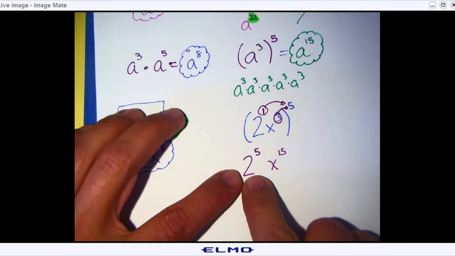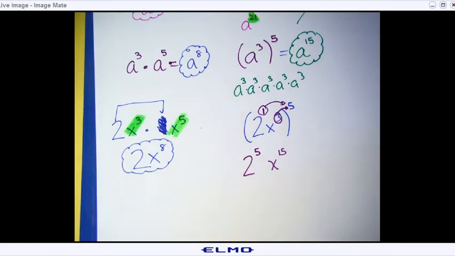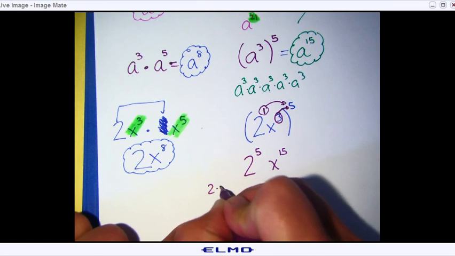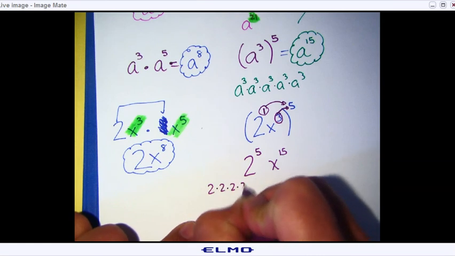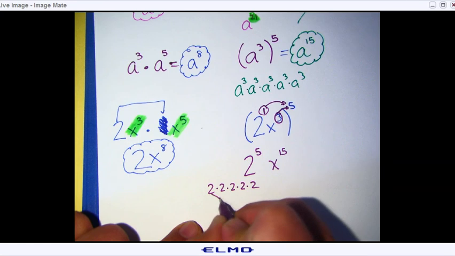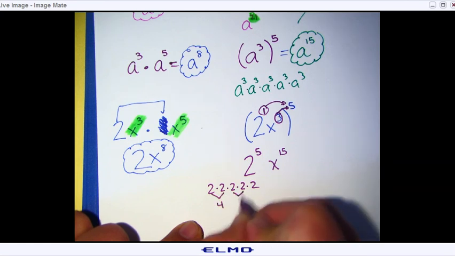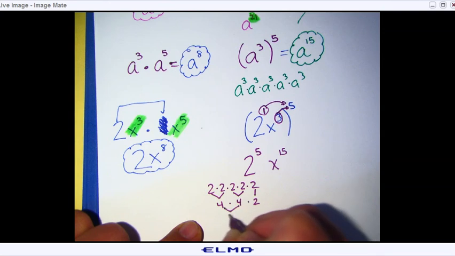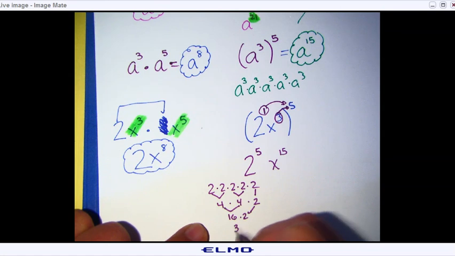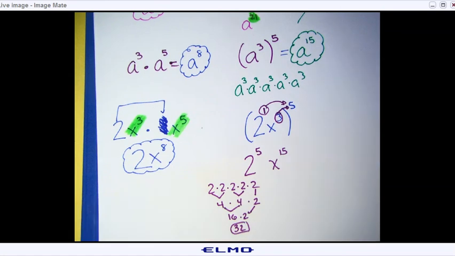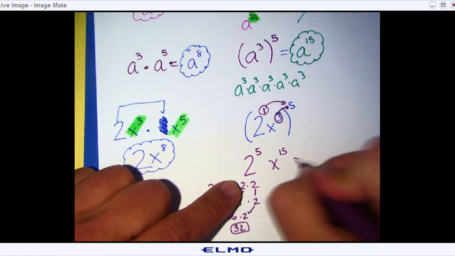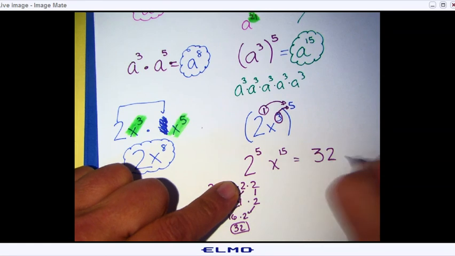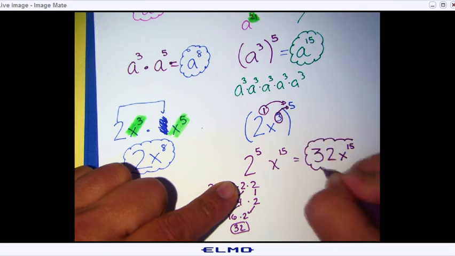Now, what's 2 to the power of 5? Sometimes they'll leave it like that. Well, that's 5 times: 1, 2, 3, 4, 5. So 2 times 2 is 4. 2 times 2 is 4. And then bring down the 2. 4 times 4 is 16. Bring down the 2. 16 times 2 is 32. So what is your answer? 32x to the power of 15. Okay? And there you go.